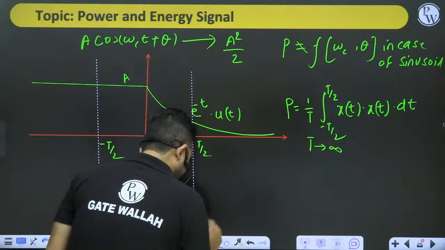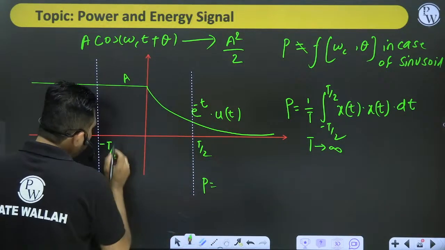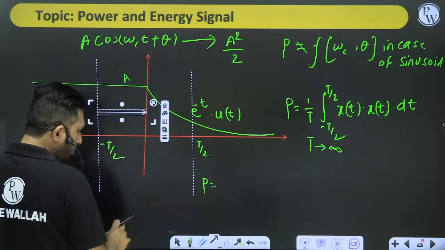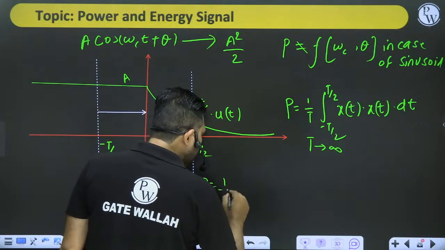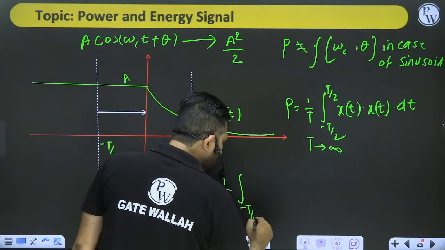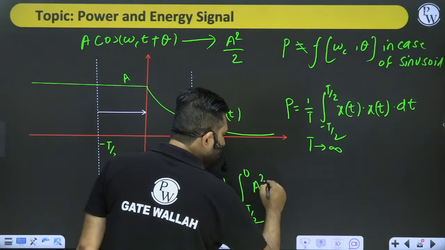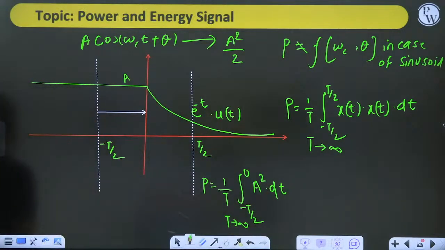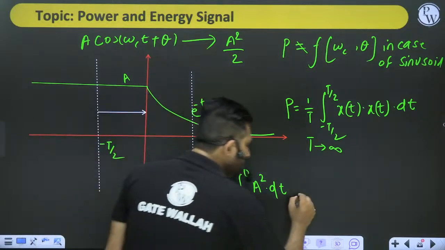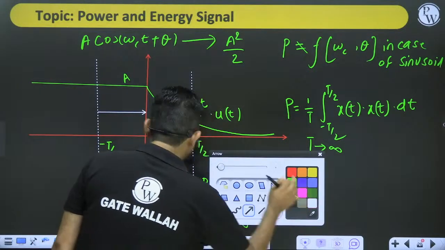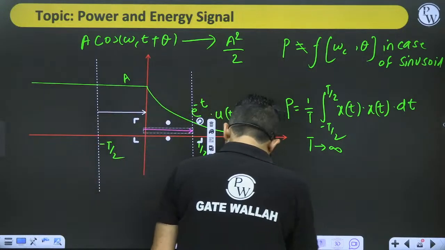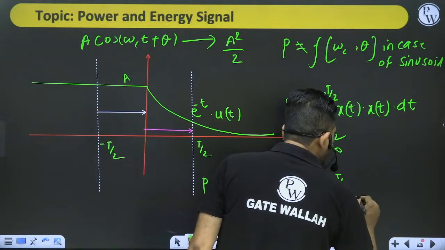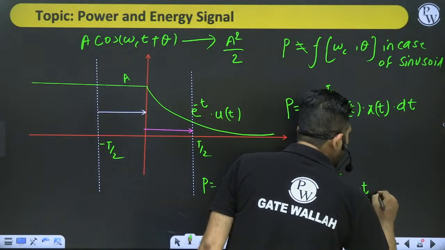So the expression can be written as, listen carefully, power P would be, between minus T by 2 to 0, 1 by T, minus T by 2 to 0, A squared dt, plus, between 0 to T by 2, it is 1 by T, 0 to T by 2, and e to the power minus t into e to the power minus t dt.